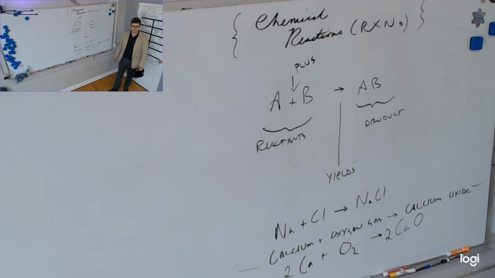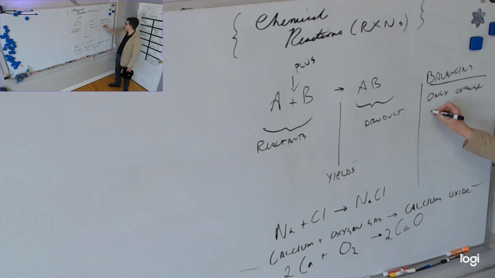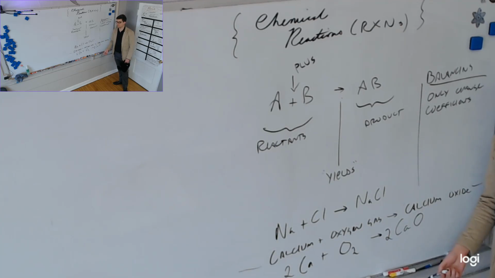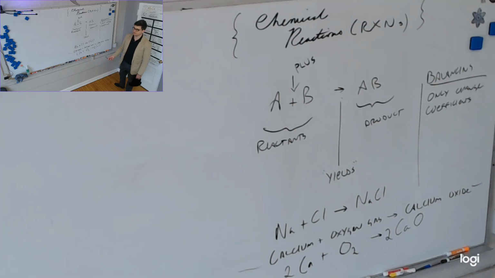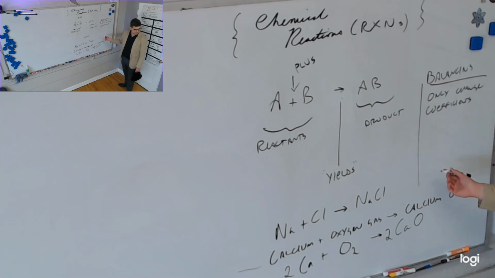What can we do to balance these things? Can I change the subscripts? No. So when balancing, only change coefficients. If you need a review on this, you can watch the physical science videos about how to balance chemical equations, or you could watch a good YouTube video about it.